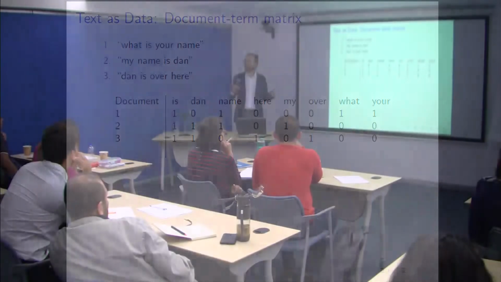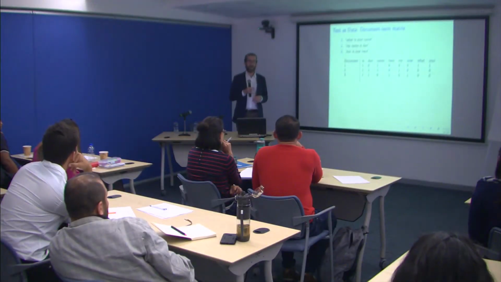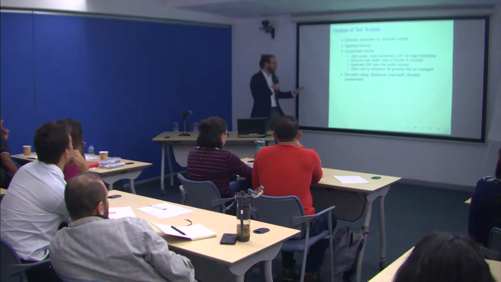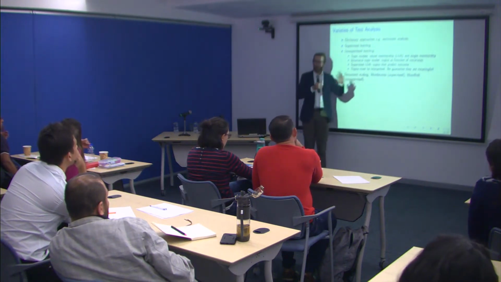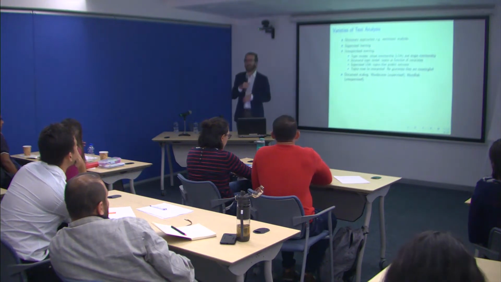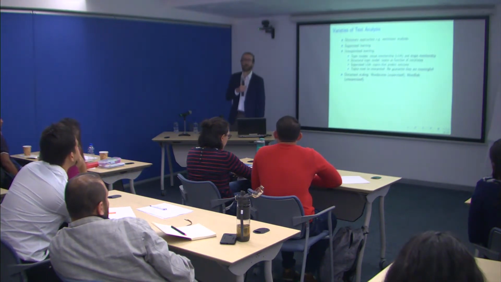So for every party, combine every speech together and use the pattern of words to place each party on a left to right scale. There's different varieties of this. Some are more supervised, some are more unsupervised. If you're interested in that, I can send you those papers.